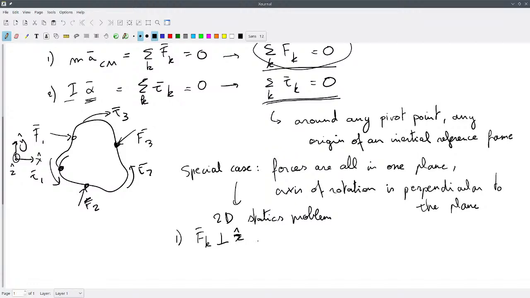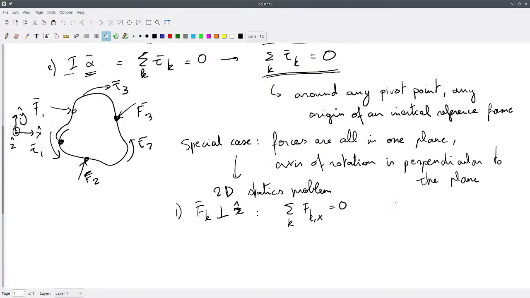That means we can just write our conditions in terms of x and y components. So our conditions become that the sum of the x components of all of the forces has to be equal to 0, and the sum of all of the y components has to be equal to 0. And of course the sum of all of the z components is 0 because none of them have a z component.